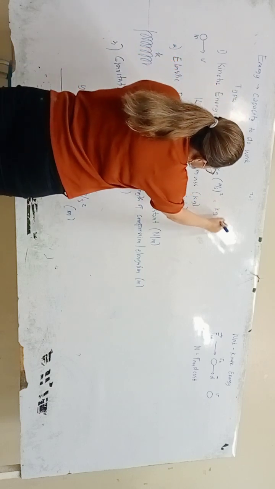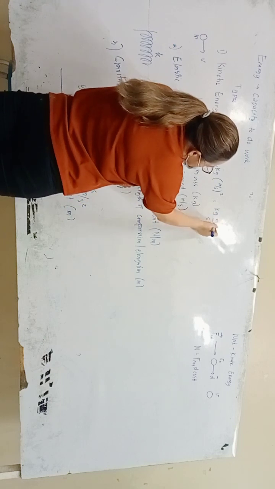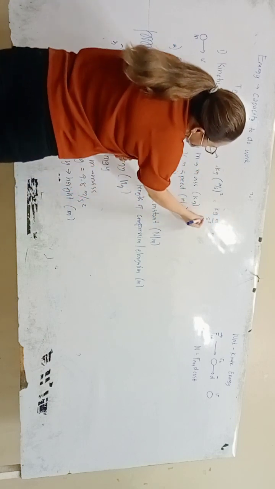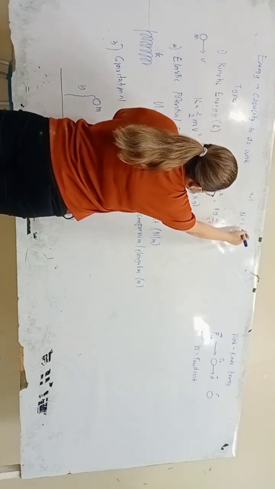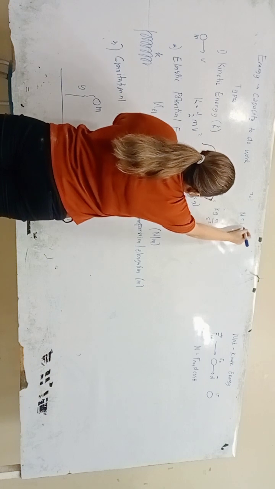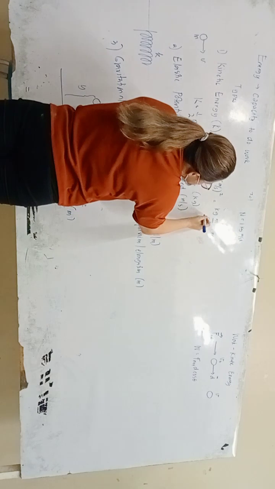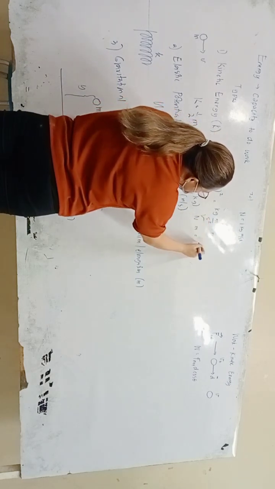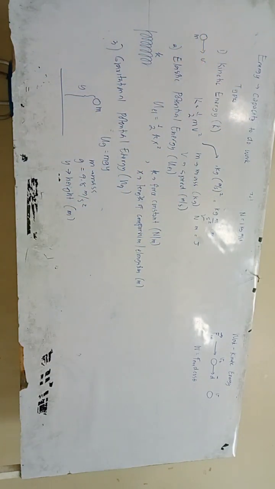So we have kilogram m over s squared times m. The kilogram m over s squared is 1 Newton. So this is Newton times meter, and Newton times meter is equivalent to joule. So the SI unit for kinetic energy is joule.